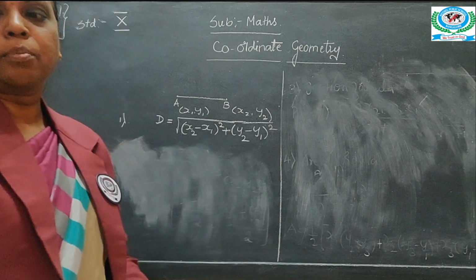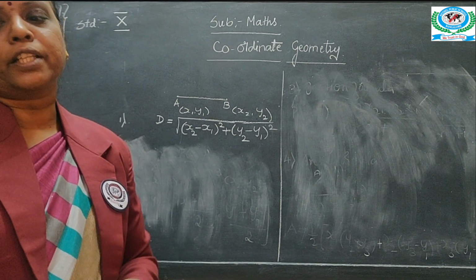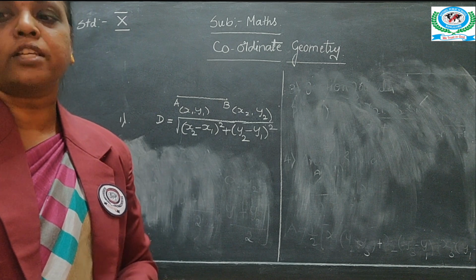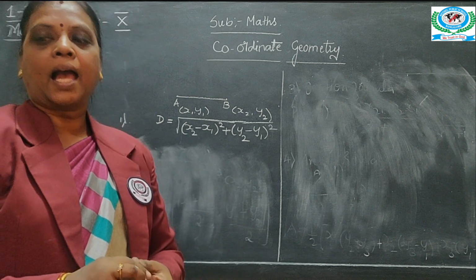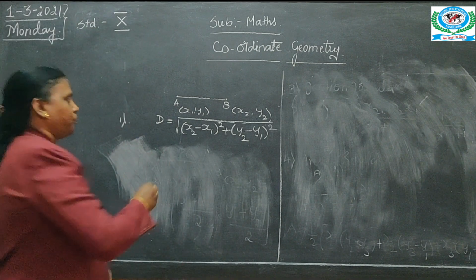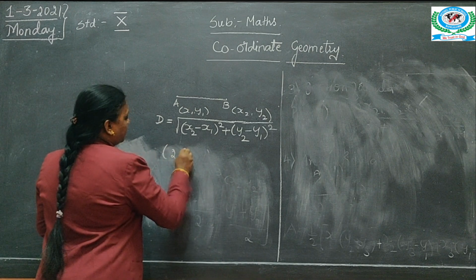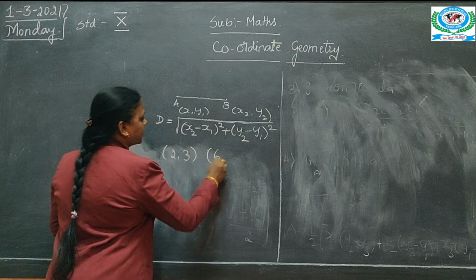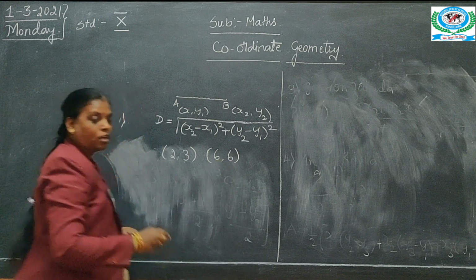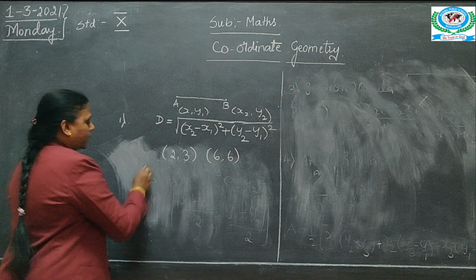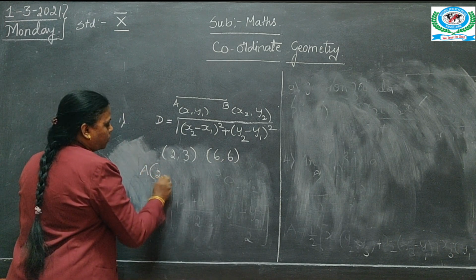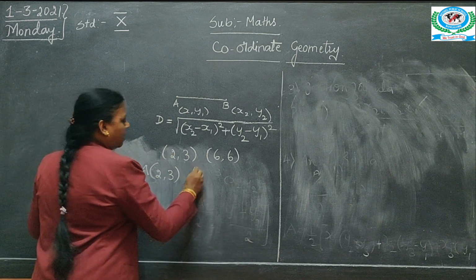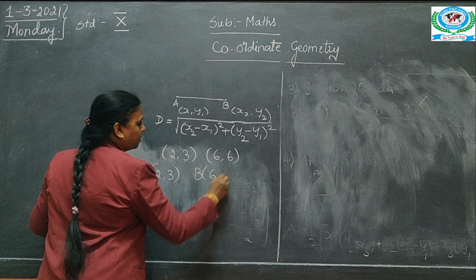Suppose the question is to find the distance between the points 2, 3 and 6, 6. You have 2 points here, A, 2, 3 and B, 6, 6.